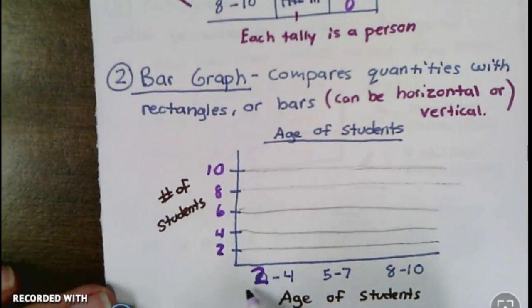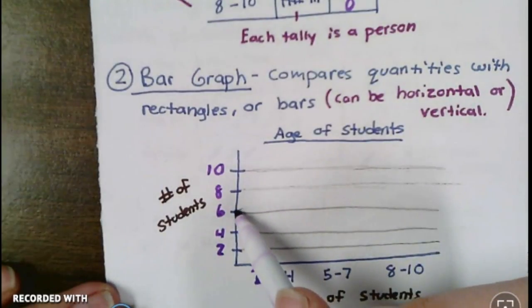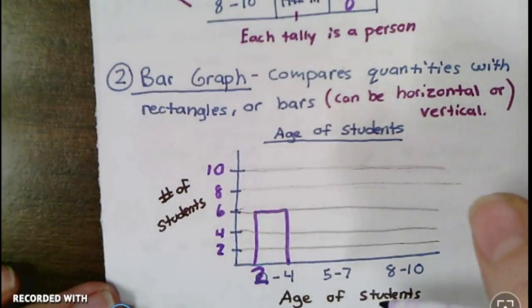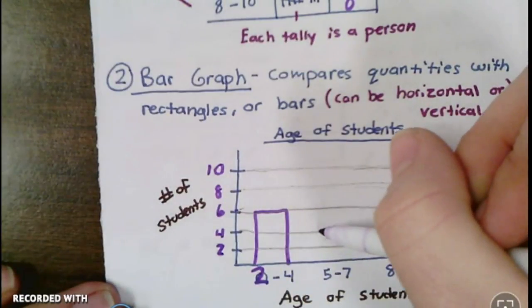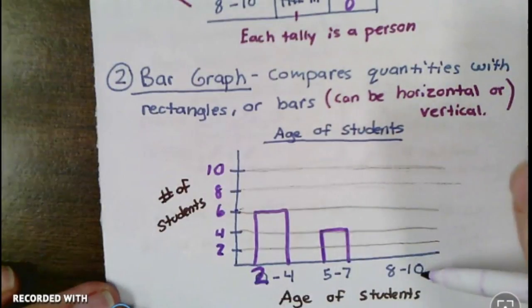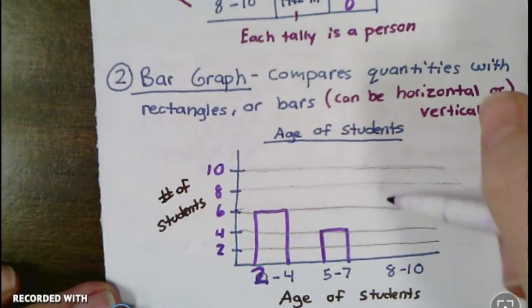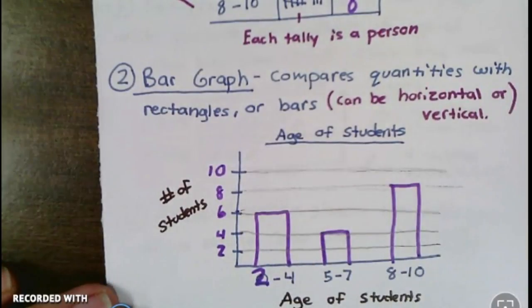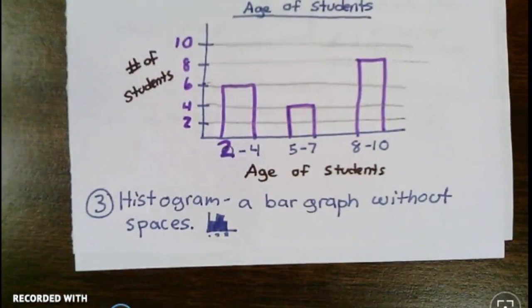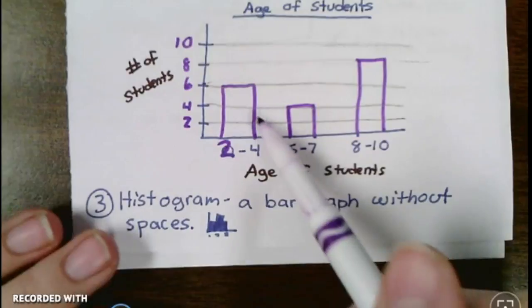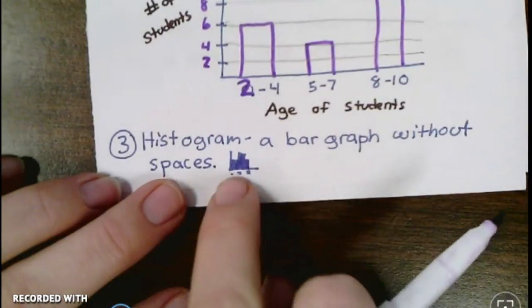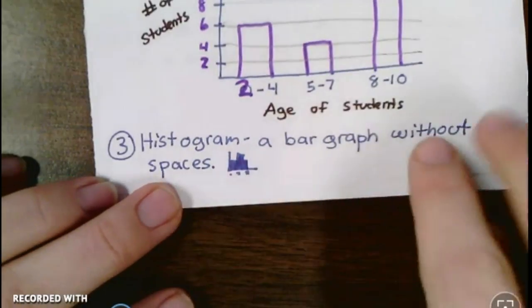So that means that for our 2 to 4 range, we had a 6. For our 5 to 7 range, we had a 4. And for our 8 to 10 range, we had an 8. And we would shade it in for our bar graph. Okay? A histogram is the exact same thing, except we don't have these spaces. So down here, I drew a little example where they're all bumped right into each other.